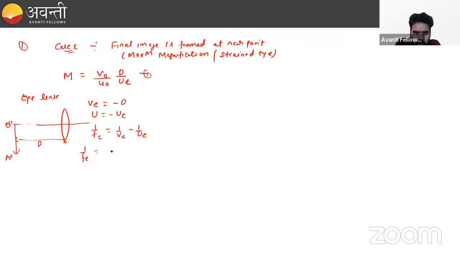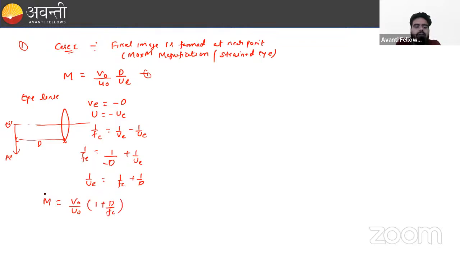In place of 1 by V we can put 1 upon minus D, and in place of 1 by Ue we put the value of Ue, where the minus will again become plus. So what is the value of Ue? We can say nothing but 1 upon Fe plus 1 upon D. We can put this value here, and this will become the magnification V0 upon U0, that is 1 plus D upon Fe.